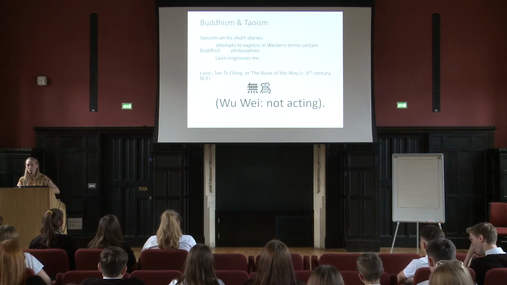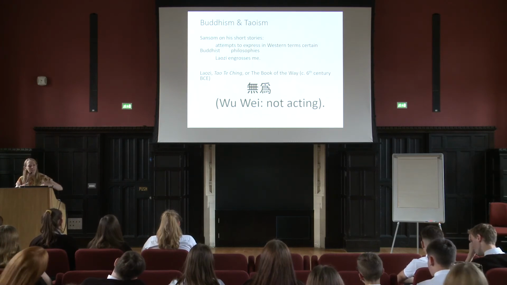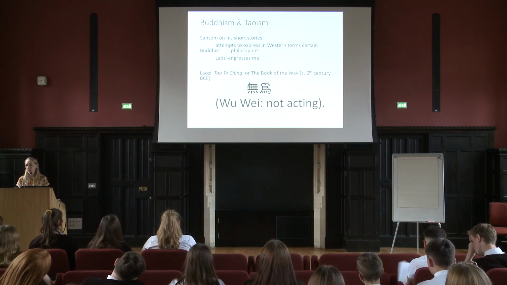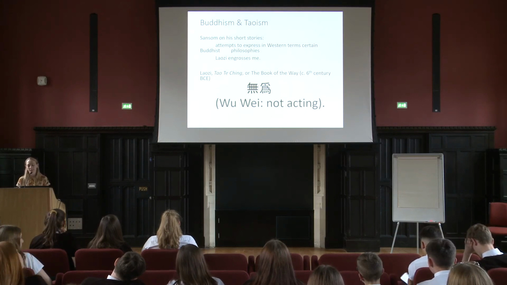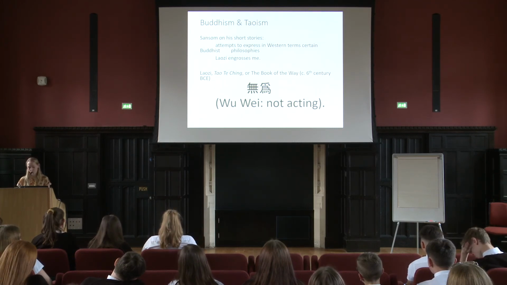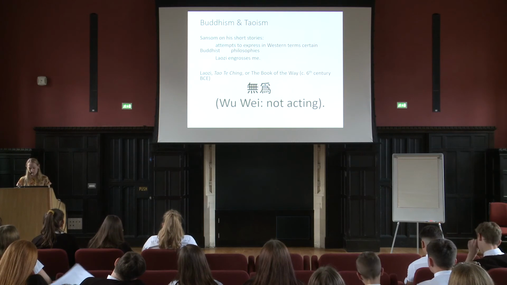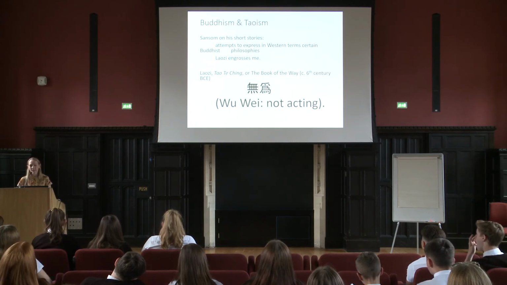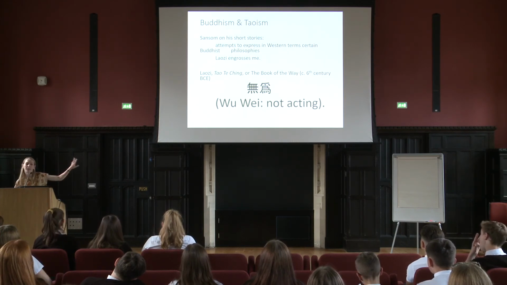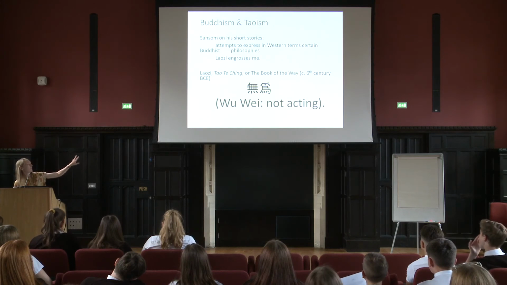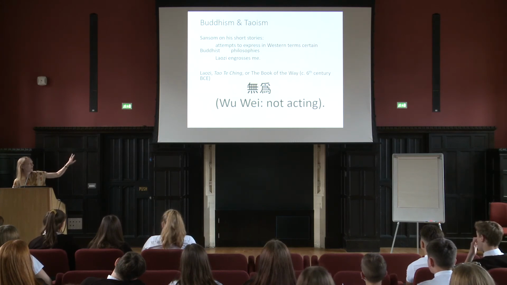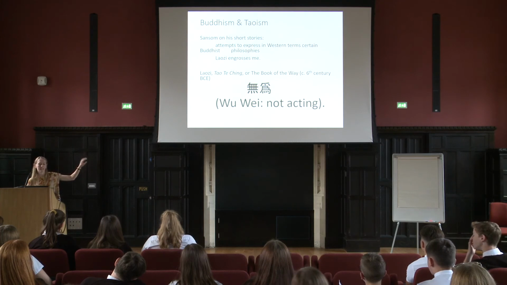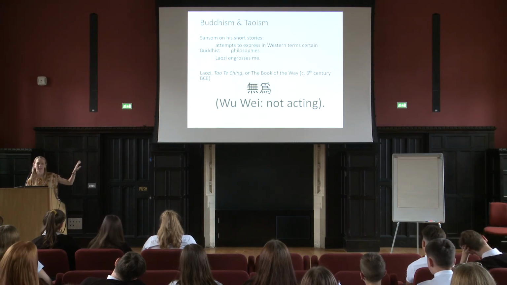So when he's writing a short story like The Wall, he's trying to find a way of bringing certain Chinese concepts and certain Buddhist and Taoist philosophies through into his English forms. So one form that's important for Sansom is one that we discover in Laozi's The Book of the Way. And that's the form that you see here in these Chinese ideograms. So that's the word wu wei. And that word means not acting, not exerting, not doing.